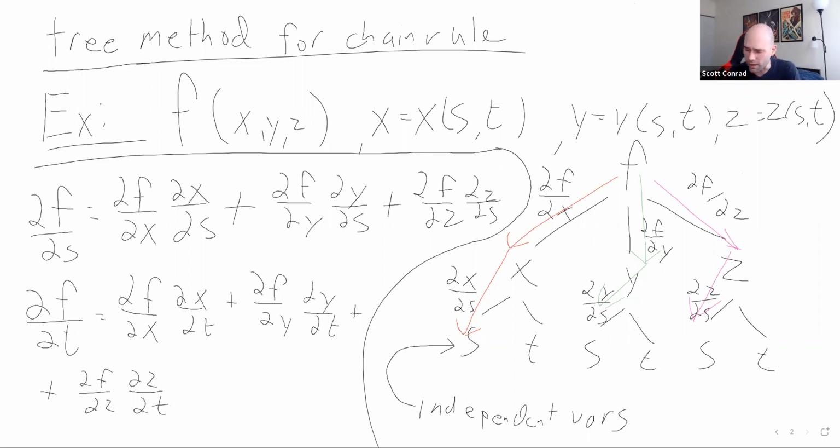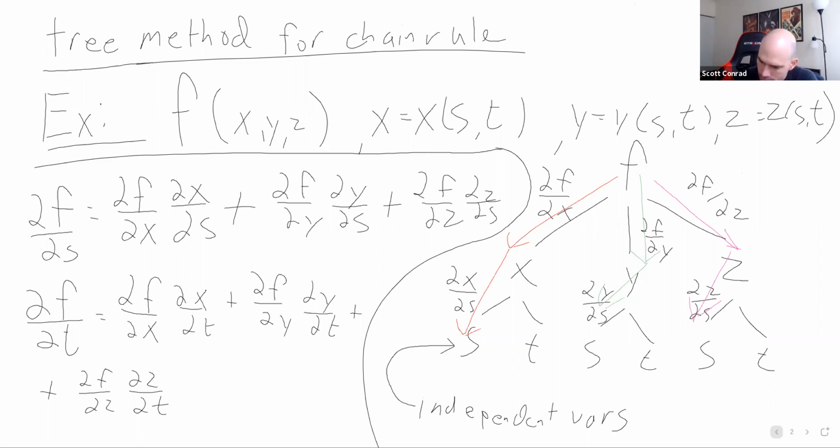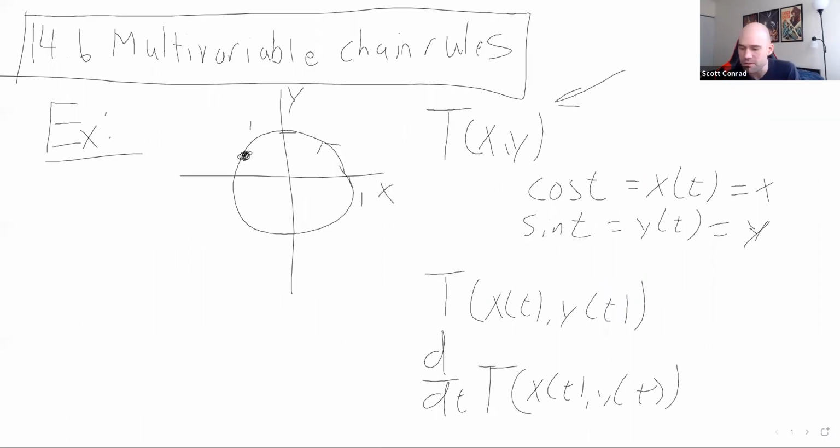Also, I want to clarify something. It's not a big deal, but suppose in our initial example, I said T was a function of x and y, but x and y were each a function of little t.